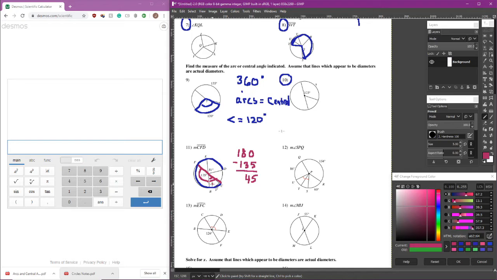If this little piece is 45 degrees, notice how its rays that form that angle make straight lines, and they also intersect. These angles right here that are directly across it, they're vertical. So there's 45 degrees.